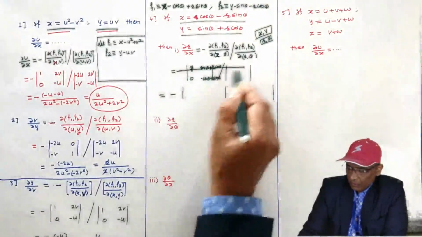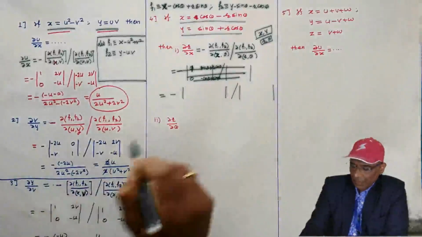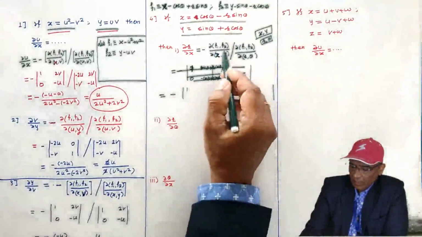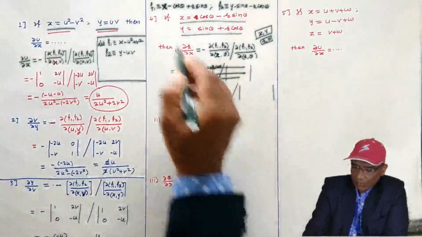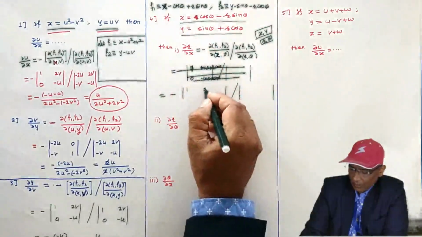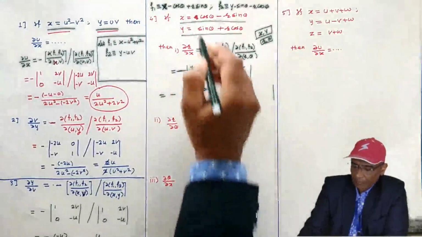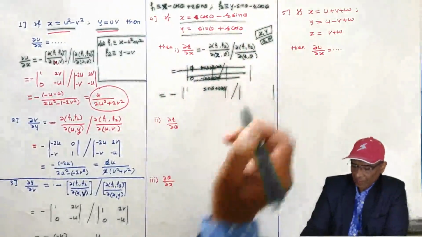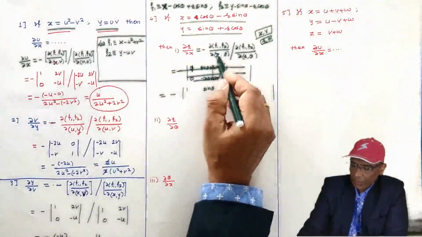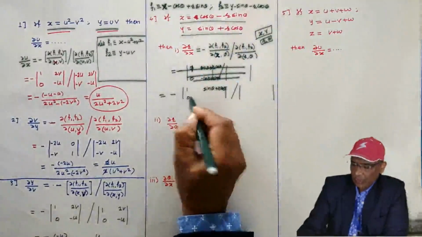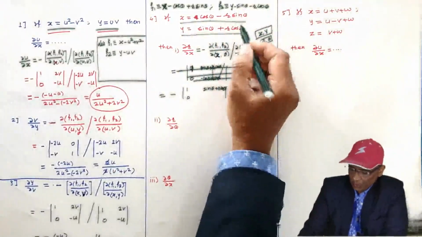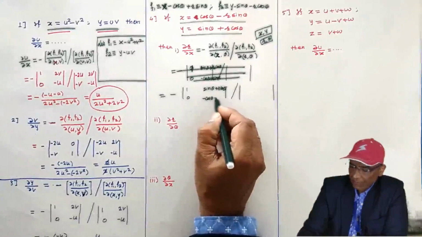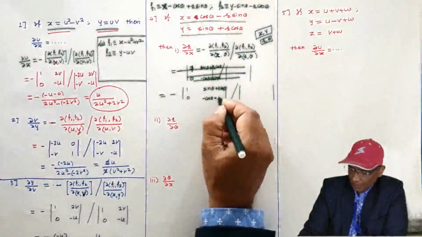Okay, this I am going to eliminate. Del f1 by del x is 1. Del f1 by del theta is what? The derivative of minus cos theta is sin theta. The derivative of sin is cos. Now the derivative of f2 with respect to x is 0. The derivative of f2 with respect to theta: the derivative of minus sin theta is cos theta with minus sign, and the derivative of minus cos is plus sin, like that.